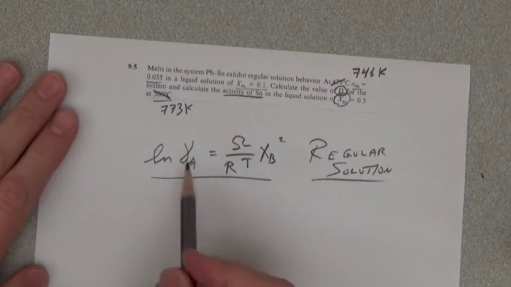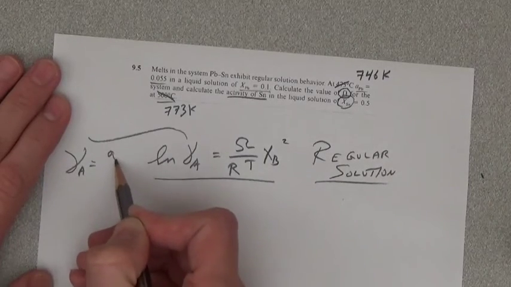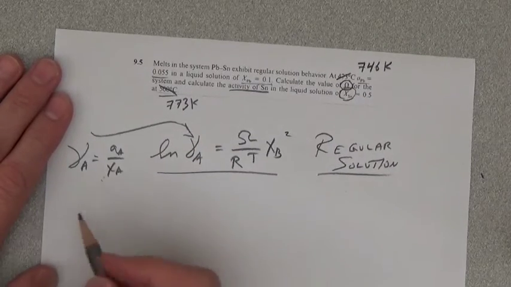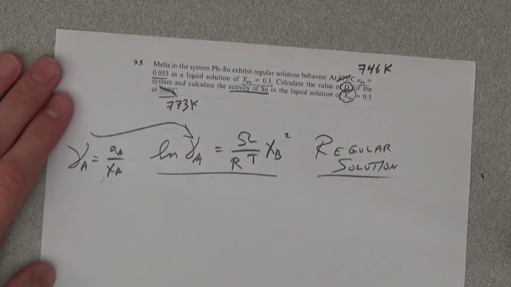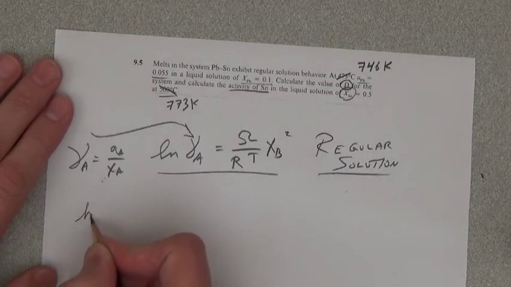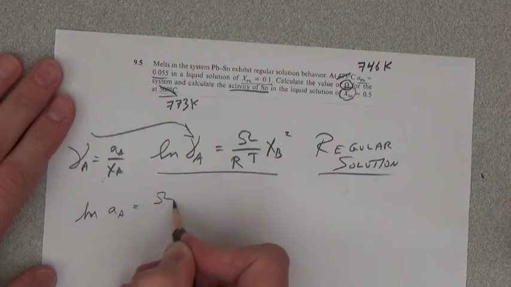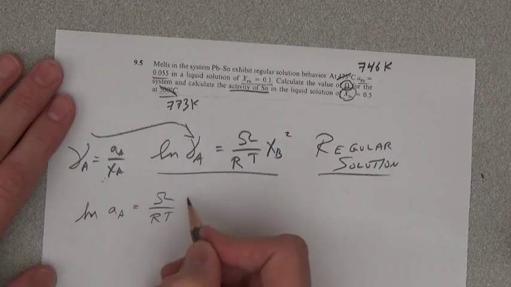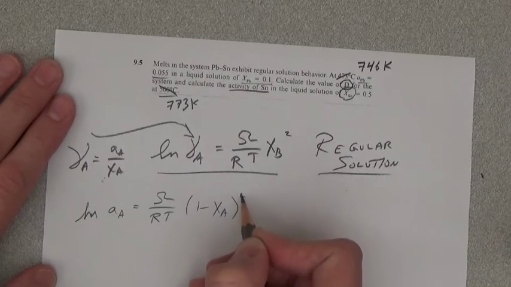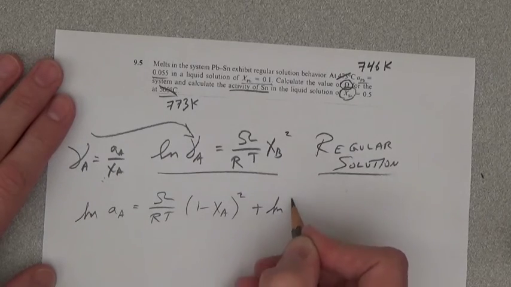Like this, we can now write that the natural log of the activity of A is equal to omega over RT times (1 minus XA) squared plus the natural log of XA.